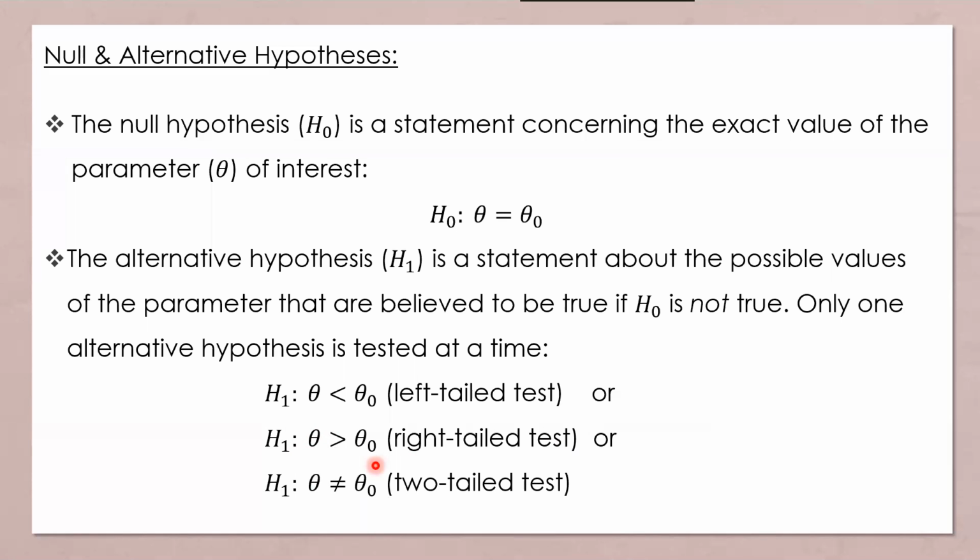Or we could perform the two-tailed test where we are just showing that that population parameter is not equal to the specified value. So we either have to prove that it is less than the specified value or greater than. Either one would give us the result that we require to prove that it is just simply not equal to that specified value.